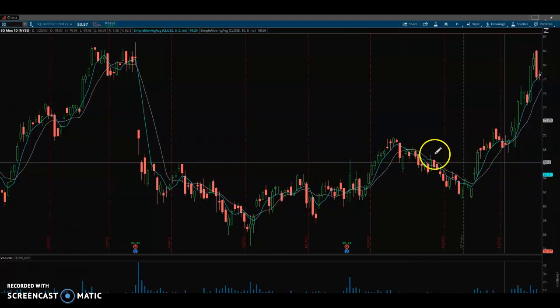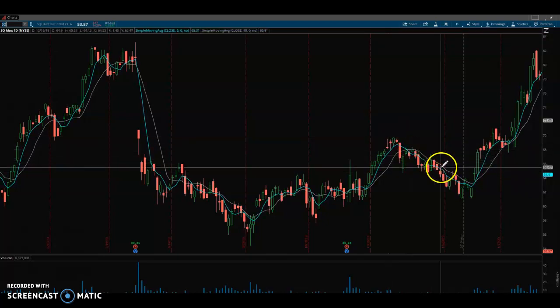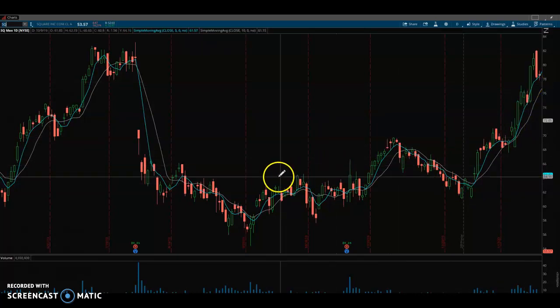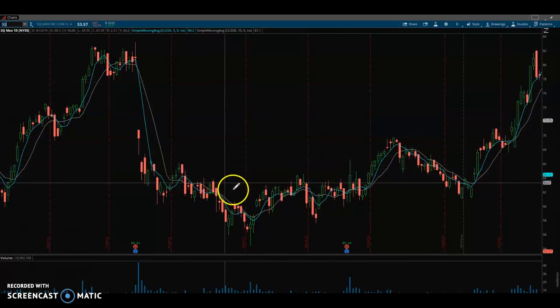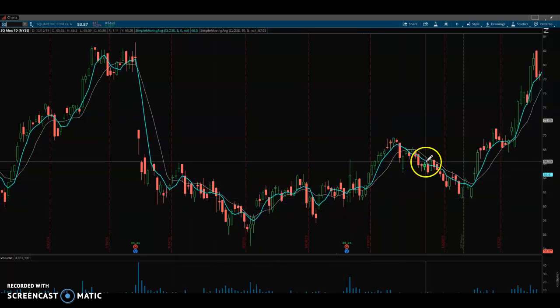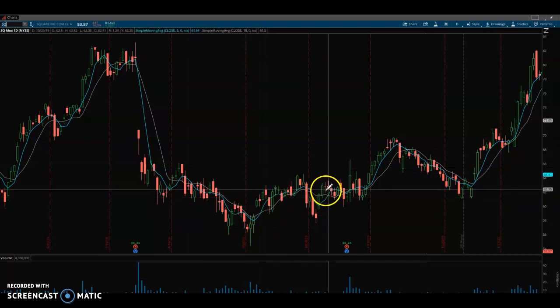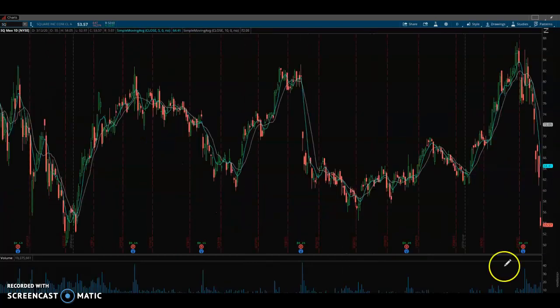You're taking advantage of that strong trend to the downside or to the upside. And when the strong trend starts to exhaust itself, you get out and then wait for them to cross back over again. So it's very simple.